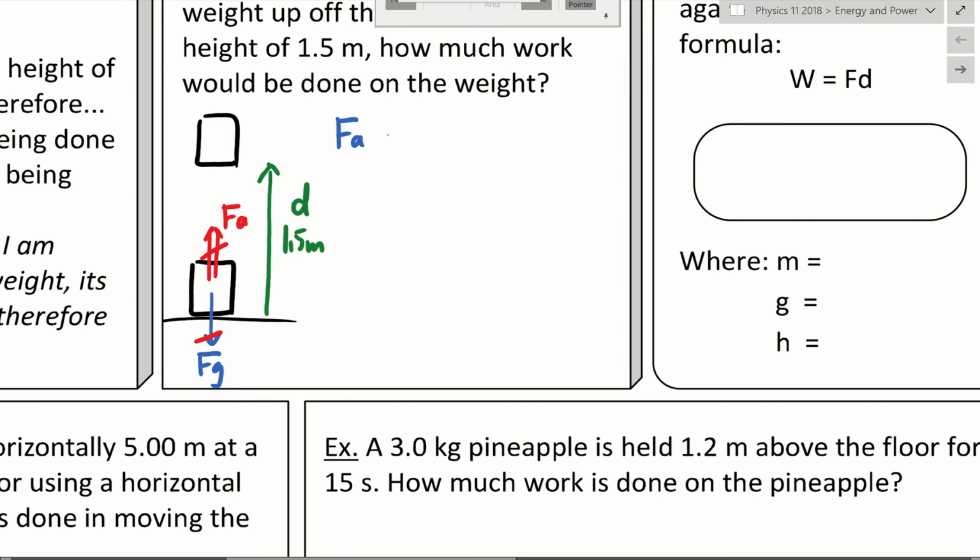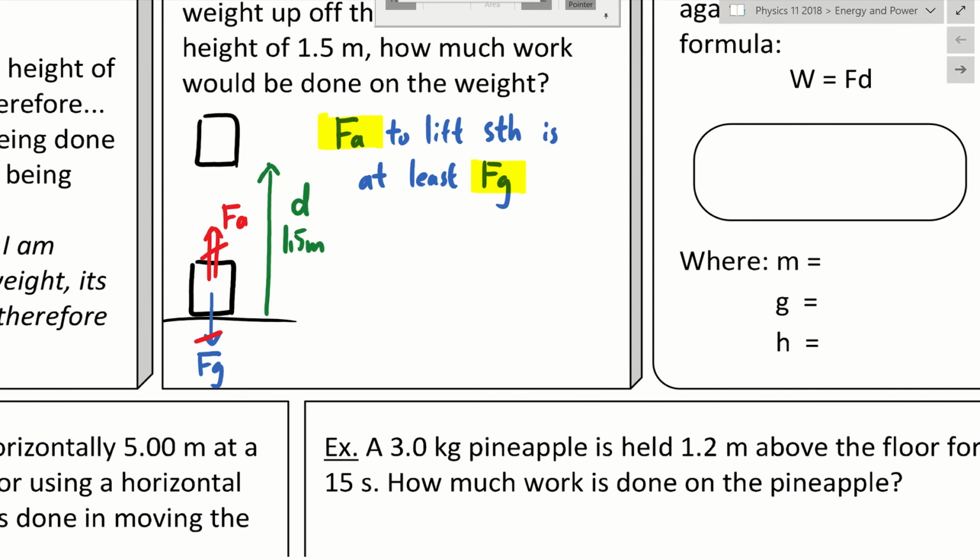So the applied force to lift something is at least Fg. Now, it can be more than Fg, but at least Fg.